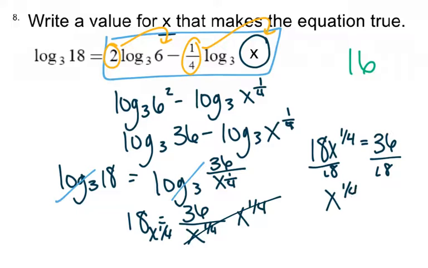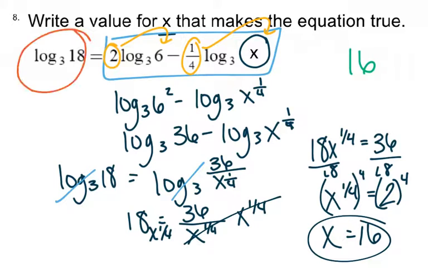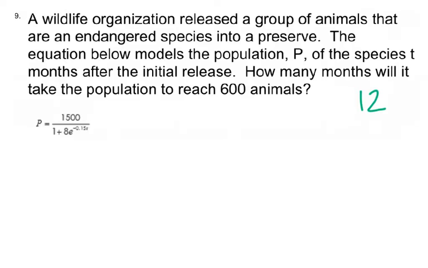X to the 1/4 equals 2. And then to get rid of that fourth, I can do each side to the 4th power. So that's how I get 16. Or you can guess and check numbers. You could have put the left side in a graph and the right side in the graph and found the intersection. All of those work.